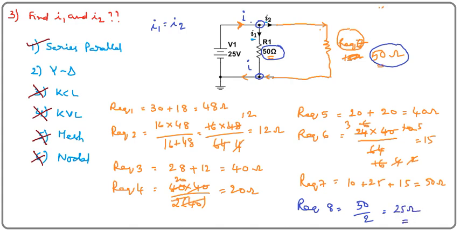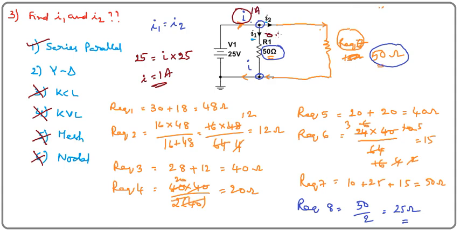According to Ohm's law, V is equal to IR. So V is 25, equal to I, which we don't know, times R, which is 25. So I is equal to 1 ampere. So it has to be divided equally.